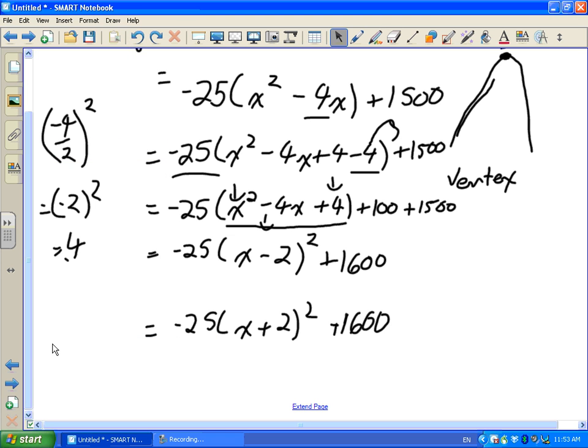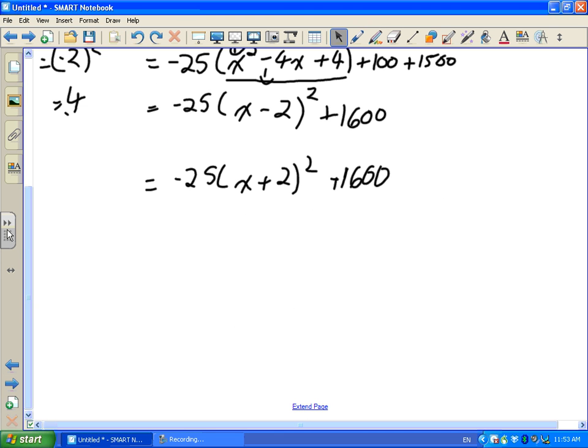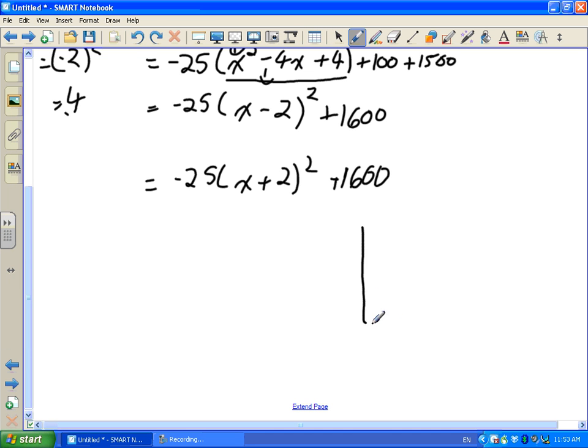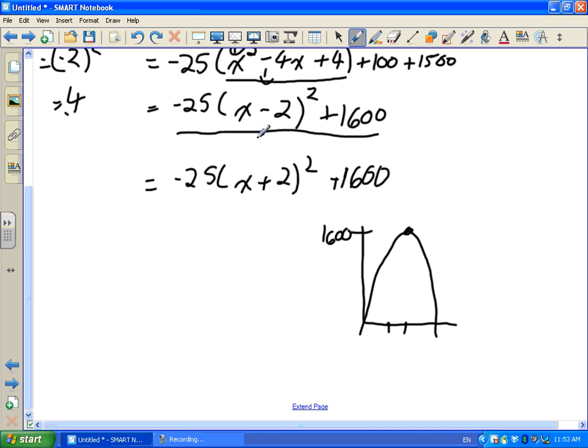So, when I look at this, if I was to graph this parabola in my vertex form, I'll quickly do a graph. I would have to go in the right direction, 2 over, and 1,600 up. I would go to the right 2 because it's negative.